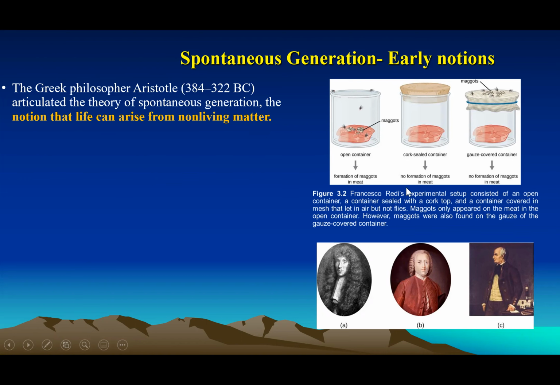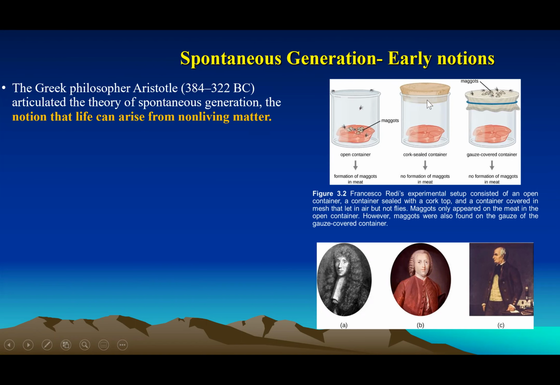And then there's this famous experiment by Francesco Redi. The experimental setup has containers with meat in them. If the container is open, the flies come and sit on it. They lay eggs, and larvae and maggots will develop in an open container.